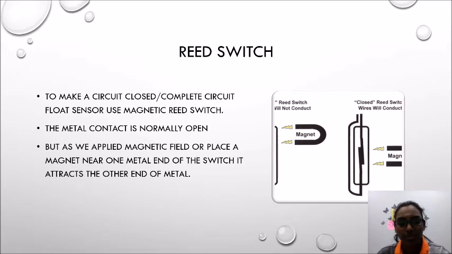When the magnet moves far away from the switch, the contacts demagnetize and will separate, breaking the circuit. And here is the reference image of the reed switch which attracts to the magnet.